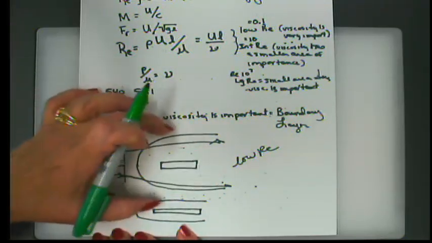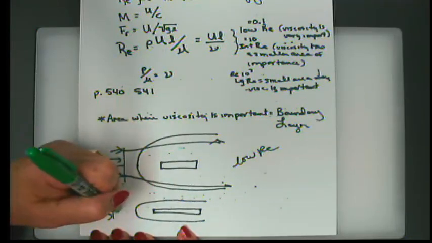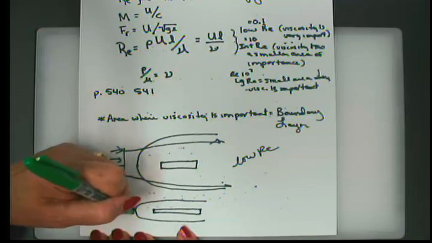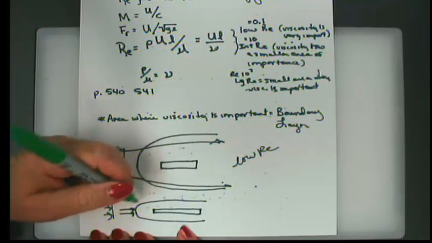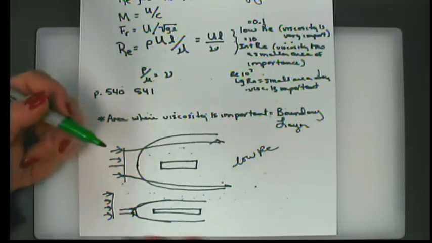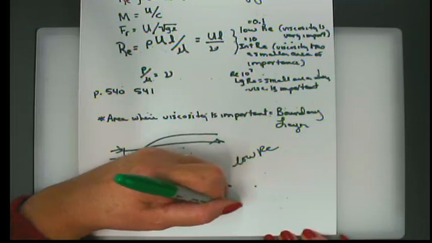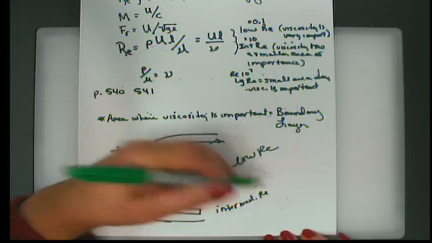The nose, if it's a parabola or a nose, the nose is narrower and the boundary layer remains closer to the object. So there is still deflection of the streamlines, but there is less deflection at those intermediate Reynolds numbers.